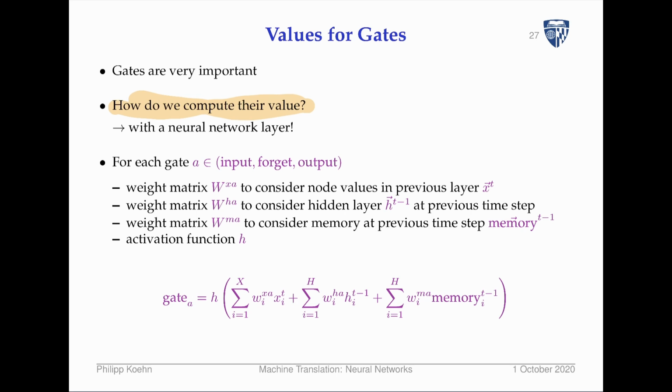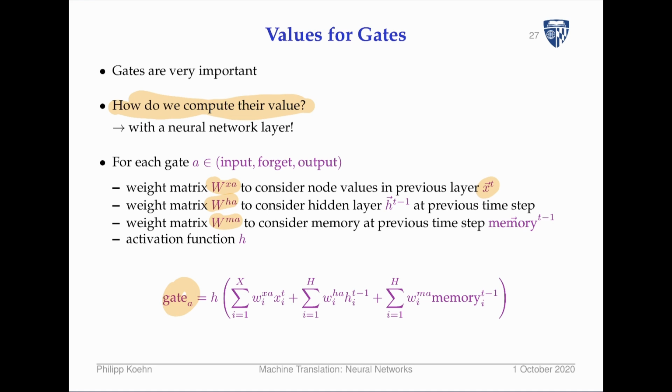So we have basically this computation here of a gate based on a weight matrix of the various inputs that go into it, and we just throw everything into it. So that's the node value of the previous layer. So that might be, in our example, the input to the hidden layer.